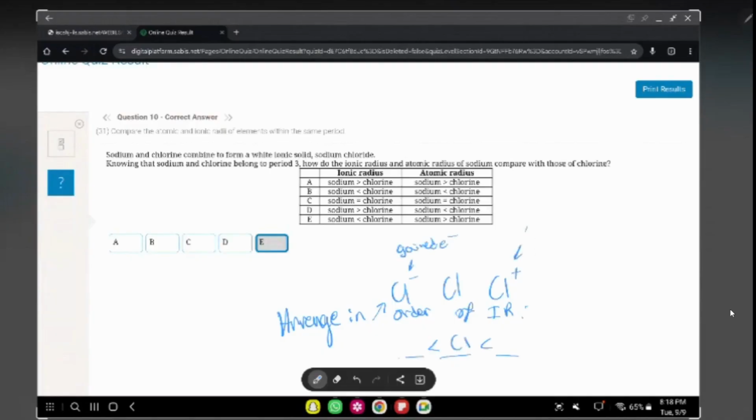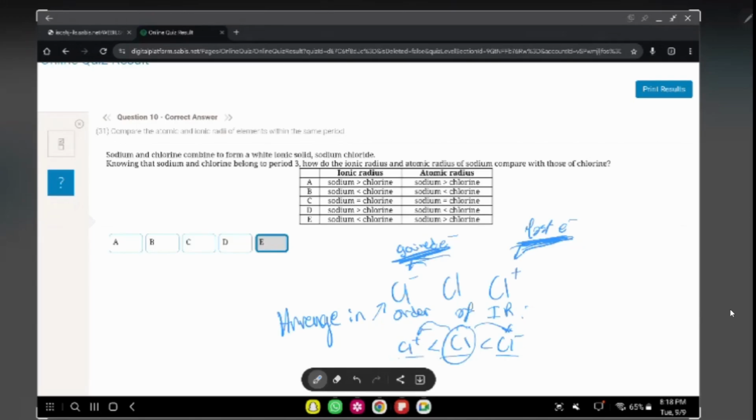The plus means it lost an electron. Which one do you think is going to have a bigger atom? The one that gained an electron, obviously, because if it gained an electron, it's getting bigger. It needs to have more capacity. So anytime you get anything like this, always know that the negative, the anion, will be bigger than the normal atom, which will be bigger than the cation.